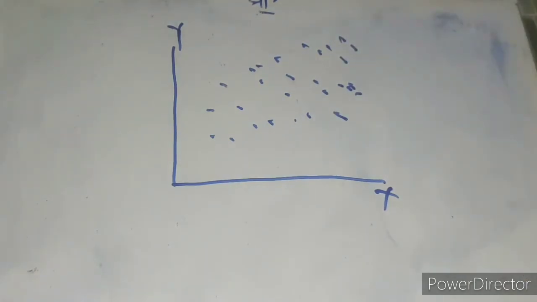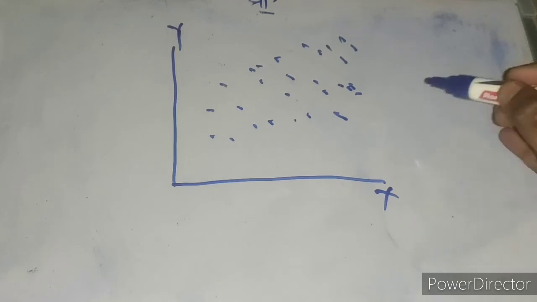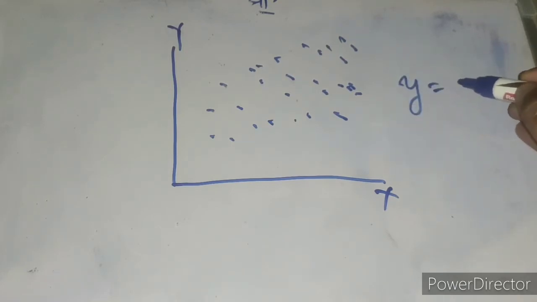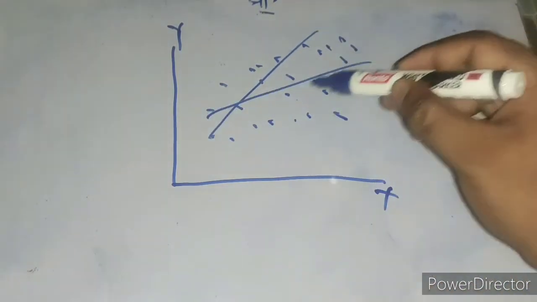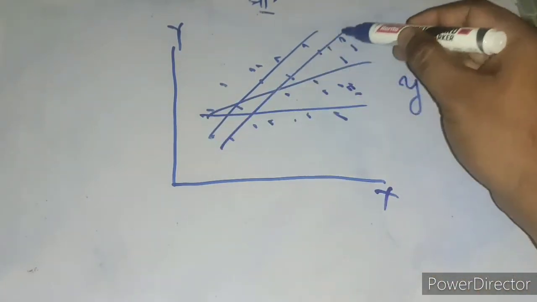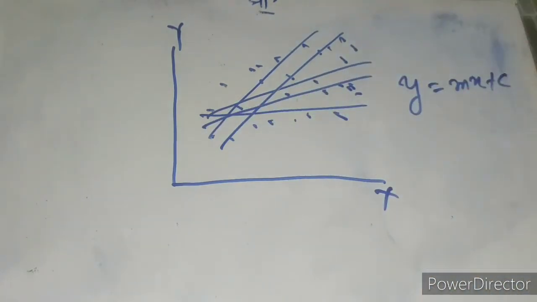Now from these points we have to find the exact line which will be our linear line. We can find this line, this line, this line, so there will be n number of lines out of these points.